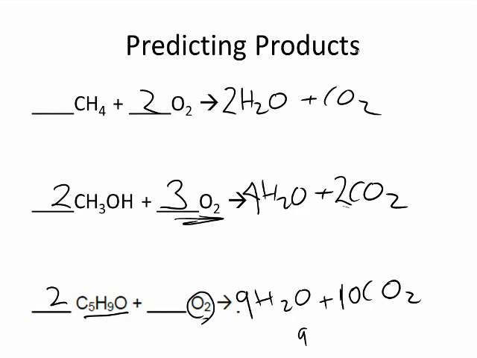Alright, but now we have an issue because we have 29 oxygens on this side, and we cannot get 29 oxygens by multiplying anything by 2. Plus we have to add 2 oxygens over here. This is going to be a bear of a problem.